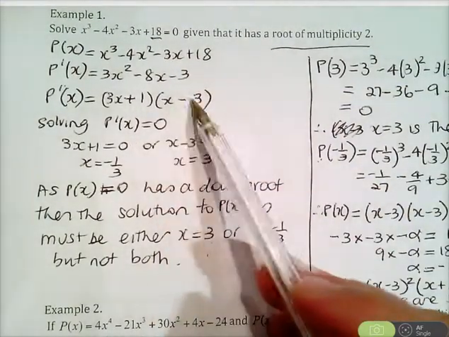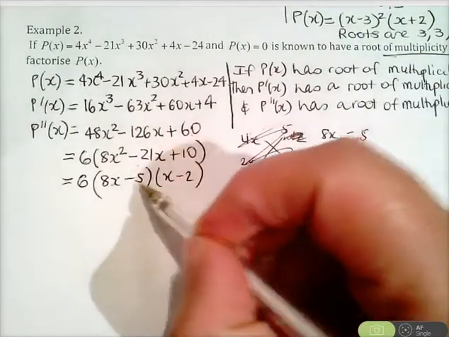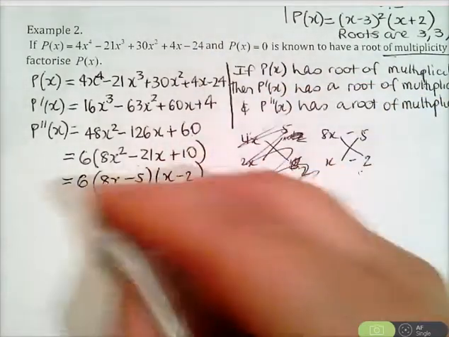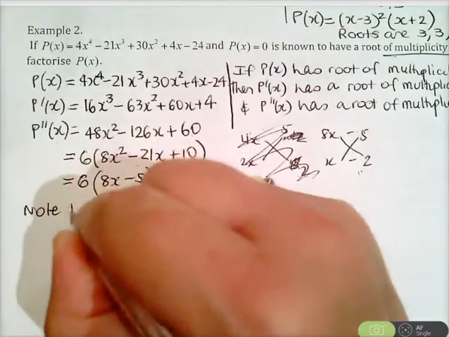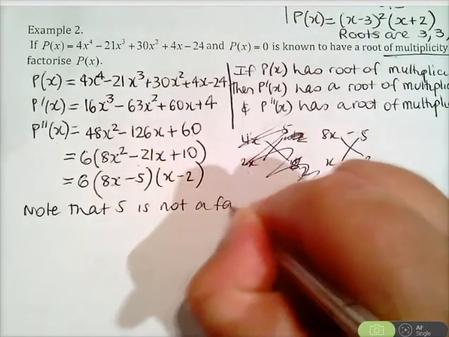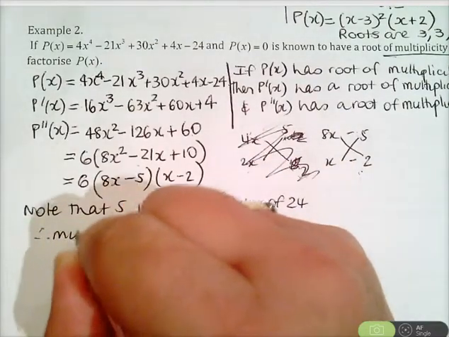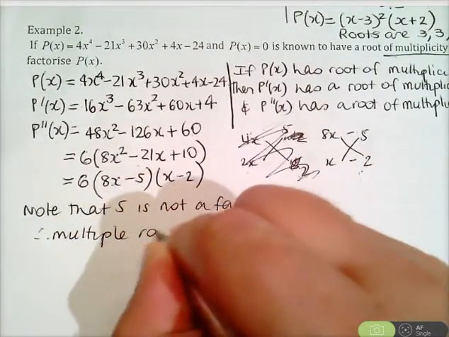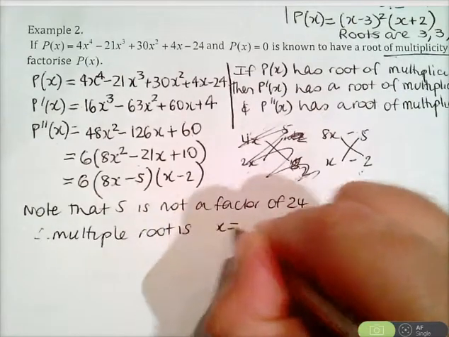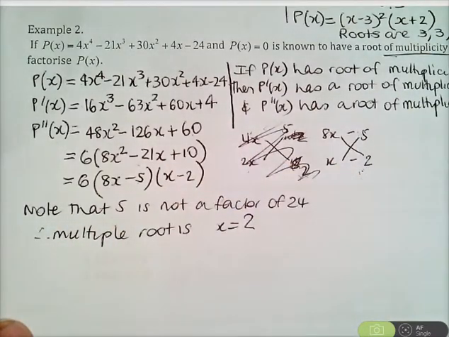So either of those could have been the root of multiplicity 2. But if we look here, we know that 5 is not a factor of 24. So therefore, the multiple root is x equals 2. But let's just check that. We're going to check p of 2.